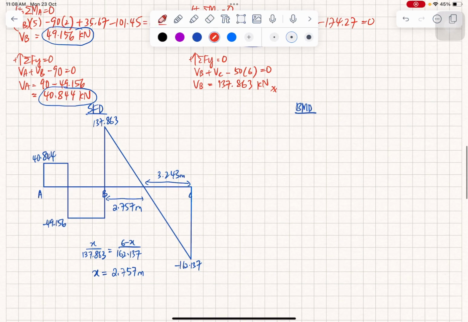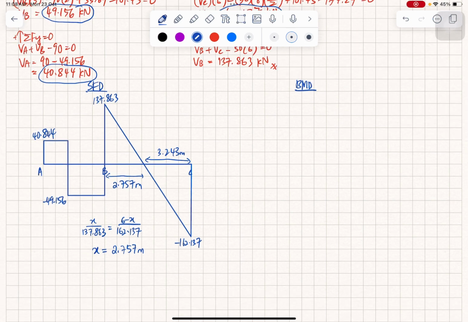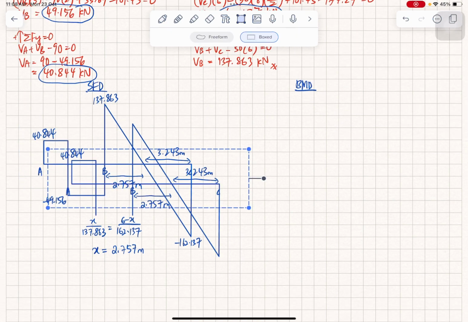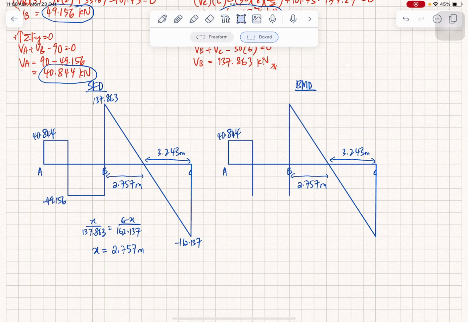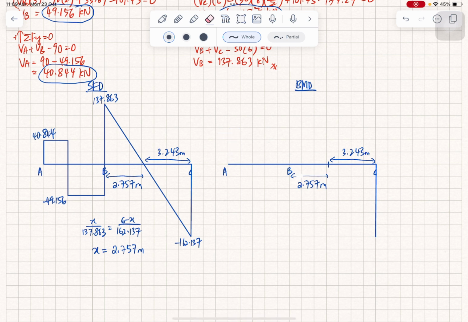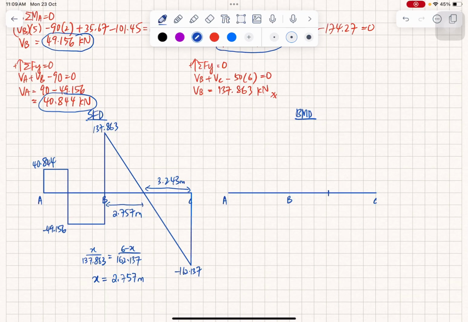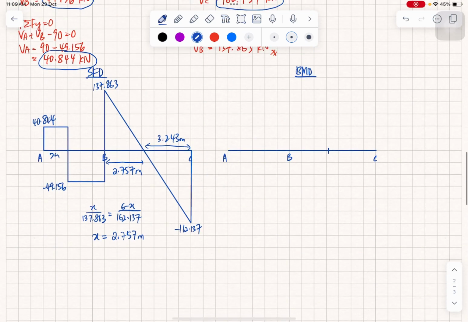So can we draw the BMD, bending moment diagram? Yes, of course. Make sure you draw a line here; this is the center. This is the point we calculated from the shear force diagram. For the first part, you have 2 meter, then 3 meter.